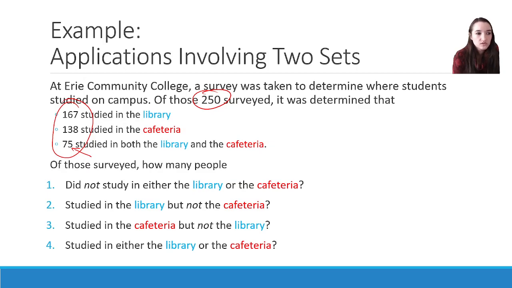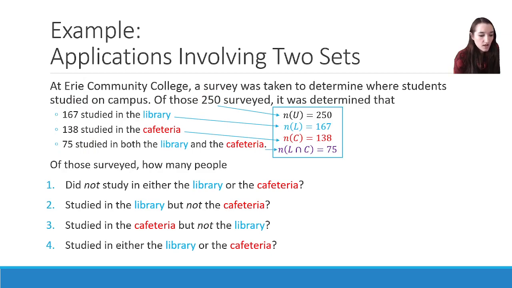Well, we can use our understanding of the union versus the intersection and drawing a Venn diagram to guide us. So if we call our first set L for library and C for cafeteria, and our universal set U is just everybody who was surveyed, we get the following. The cardinality of U is 250.